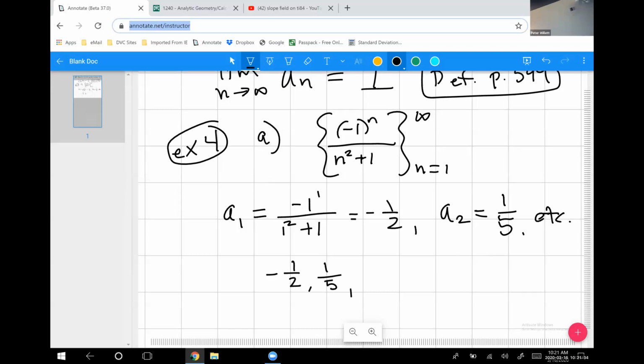And then if I plug in a 3, I get a negative on the top again. And then on the bottom, 3 squared is 9 plus 1 is 10. And if I plug in a 4, then -1 to the 4th power, since that's even, goes positive again. And on the bottom, I get 17. So there's the first 4 terms, and then it just continues on like that. Questions about that?